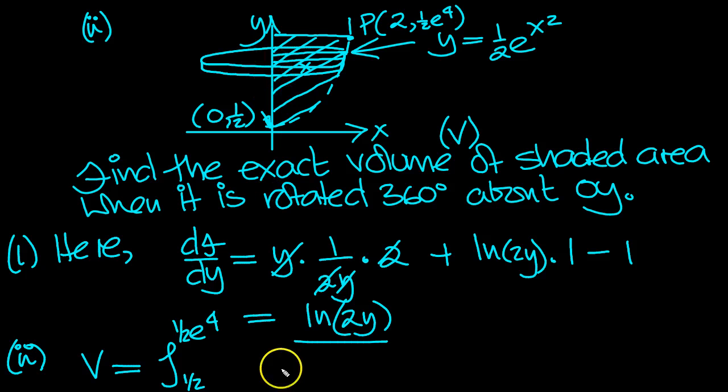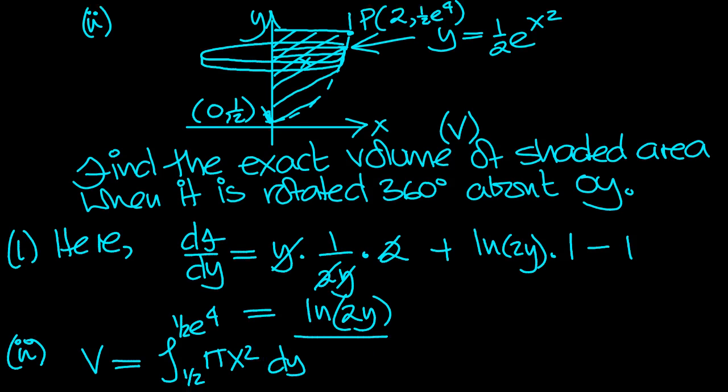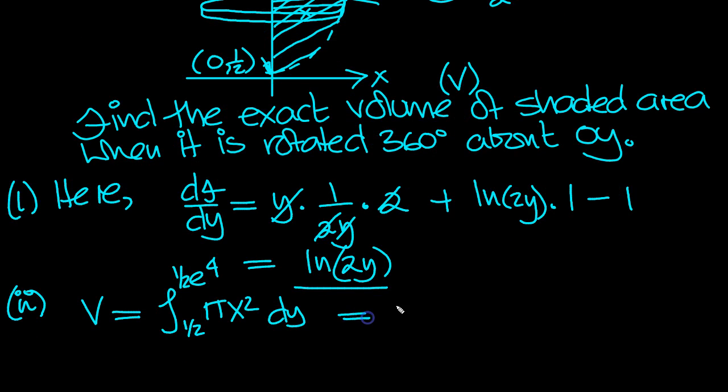Their thickness delta y, so that's dy, and the volume of the disc, the thickness is that, the area is pi r squared, so it's pi times x squared. So that's equal to the integral between a half and a half e to the 4 of, bring the pi out to the front, of x squared dy.